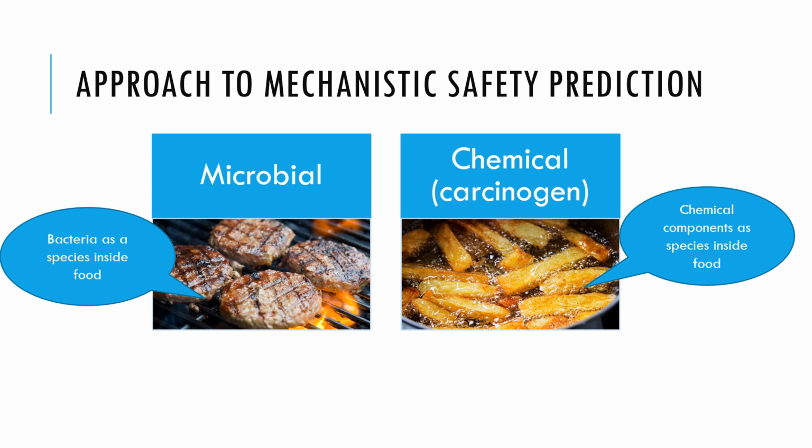Using acrylamide as a species, and so either bacteria or the chemical as a species, then we can readily formulate the various aspects that happen safety-wise using the well-known transport equation for the species.